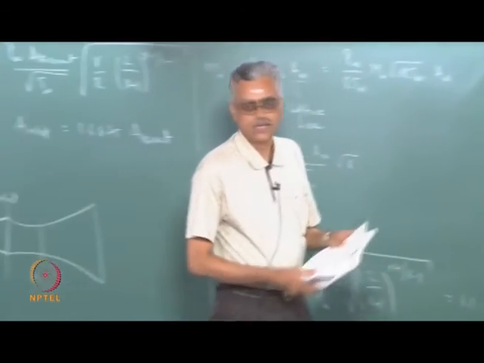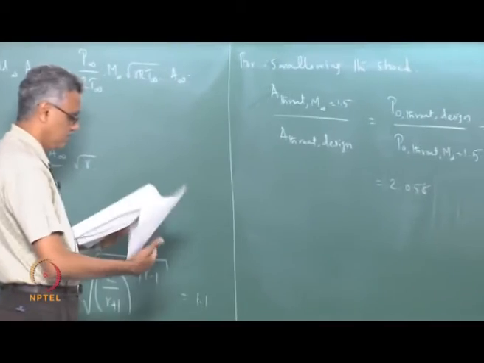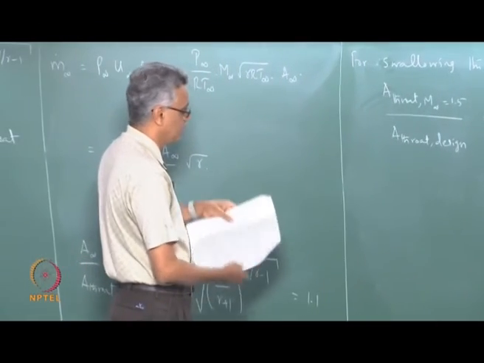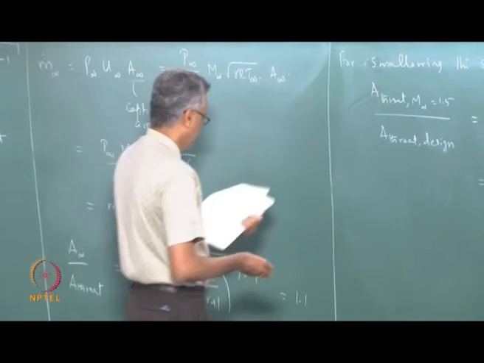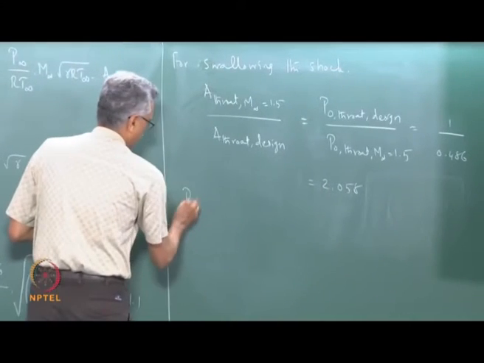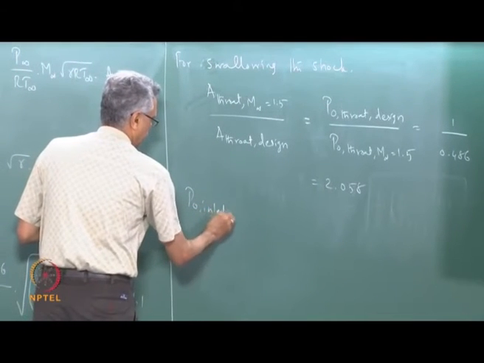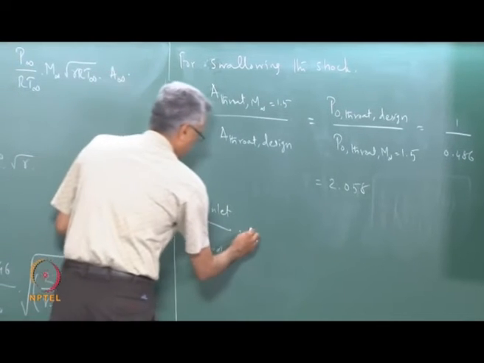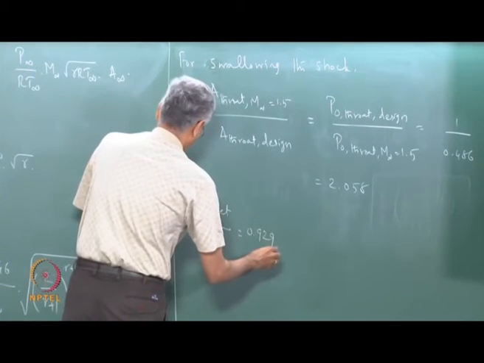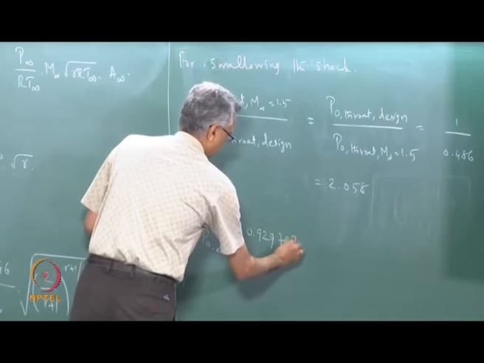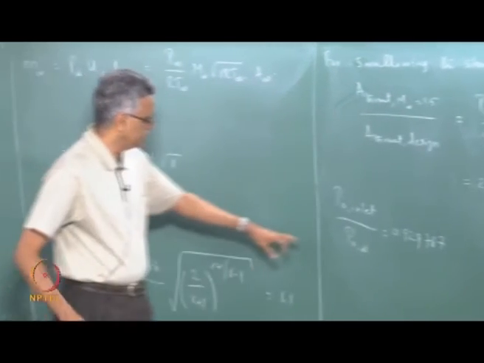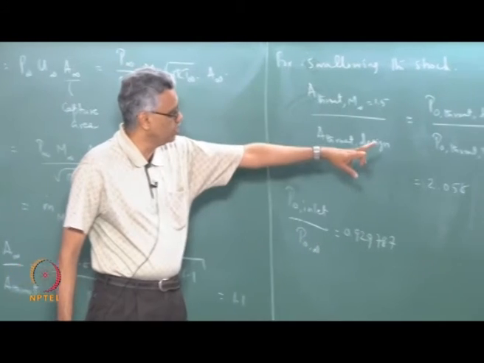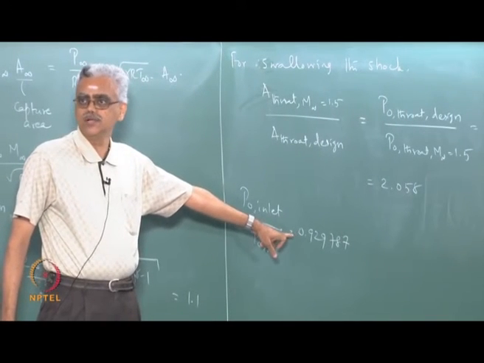Do you understand that? If you remember, we wrote down earlier that from the normal shock wave table, P0 inlet divided by P0 infinity was 0.929787. If P0 infinity is the same in both cases, then this would have been 1 over 0.929.